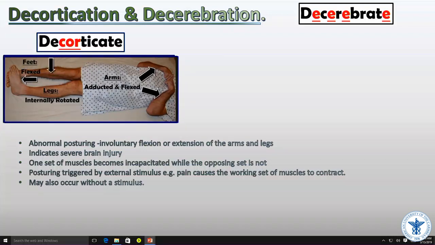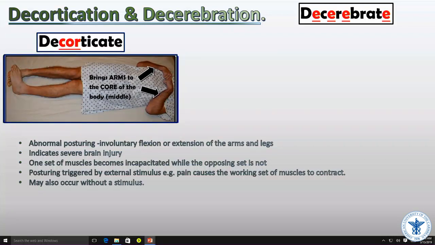People have difficulty remembering which one is decorticate and which is decerebrate. With decorticate, remember that the arms are brought to the core, the center of the body. So it's the core and you have corticate. That's one way to remember this.